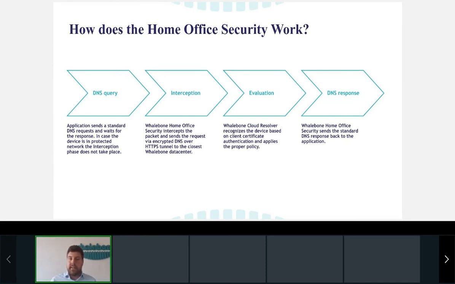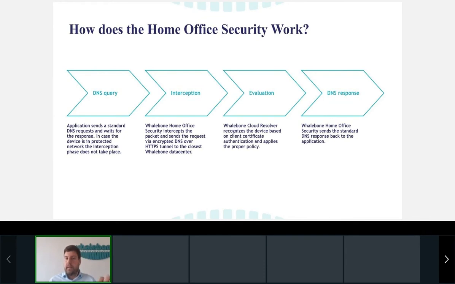If it's the external network and I'm outside in an unprotected network, the home office security agent intercepts the traffic and sends it over to the closest cloud resolver, to the closest data center of Whalebone, to get the minimum latency, to get the answer really fast.